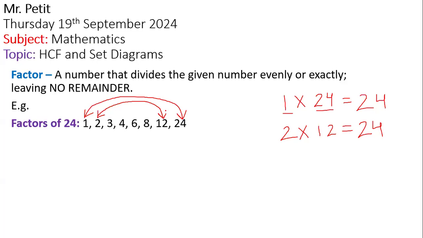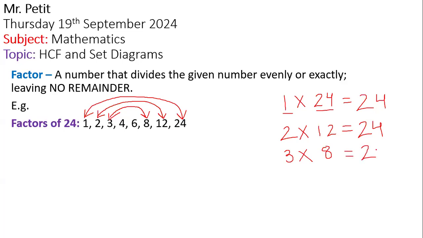So 2 and 12, we say that they are factors of 24 because 2 times 12 gives me 24. What else? We have 3 and 8. 3 and 8 give you 24. So 3 times 8 gives me 24.